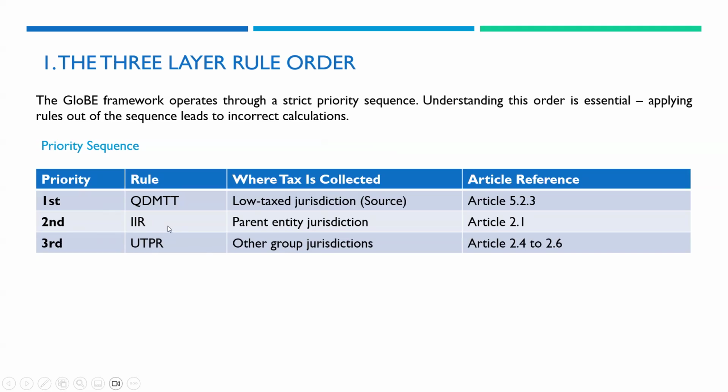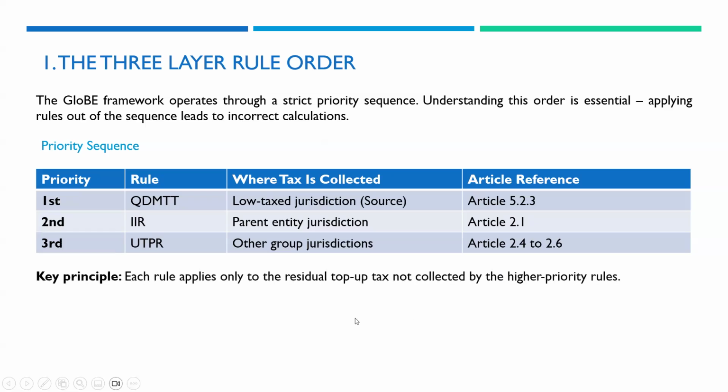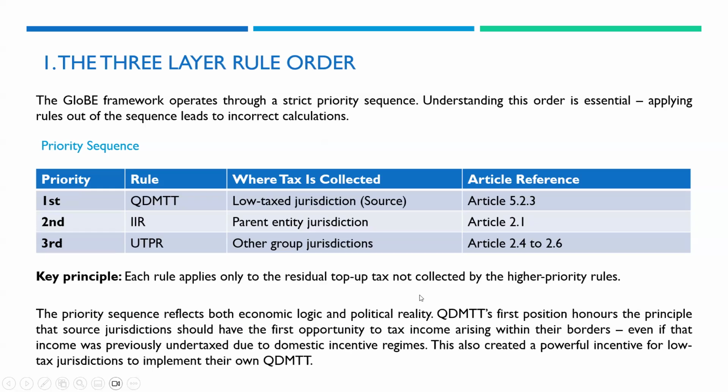In certain circumstances it will come, but the thing is, you have to always follow this priority. The first charge is always to the source country, then the parent entity, and if there are still taxes which are not collected, then it goes to the constituent entities. Okay, so each rule applies only to the residual top-up tax not collected by the higher priority rule.